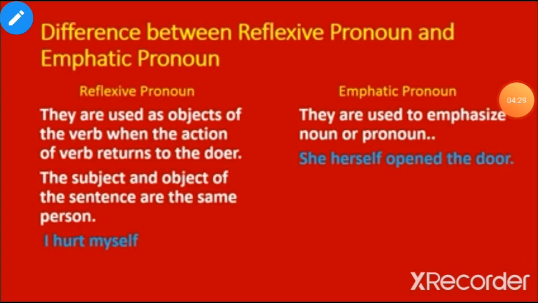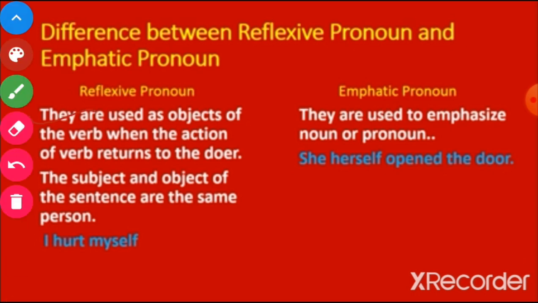Reflexive pronouns are used as the object of the verb when the action of the verb returns to the doer. The subject and the object of the sentence are the same person. I hurt myself. Whereas emphatic pronouns are used to emphasize a noun or pronoun. She herself opened the door.